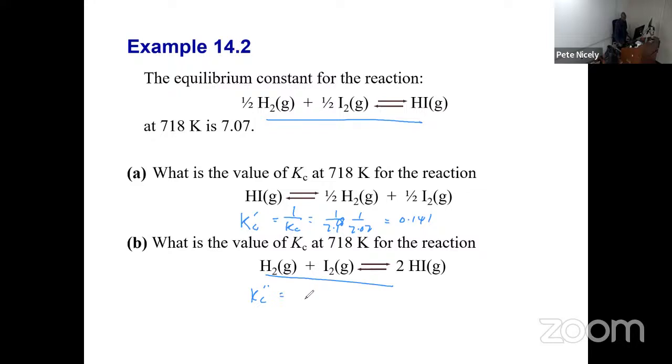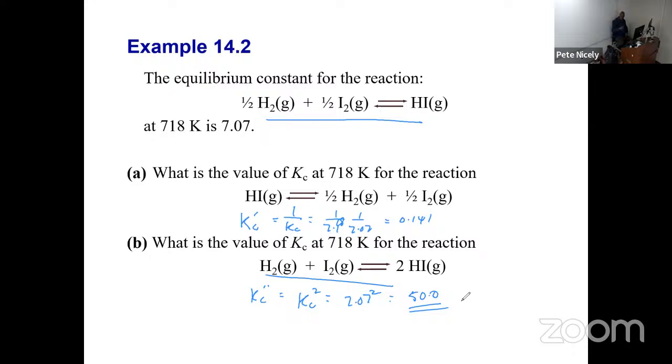Exactly, so Kc double prime will be equal to Kc squared, which will be equal to 7.07 squared, which should be equal to 49 point, call it 50.0. All right, that's it.